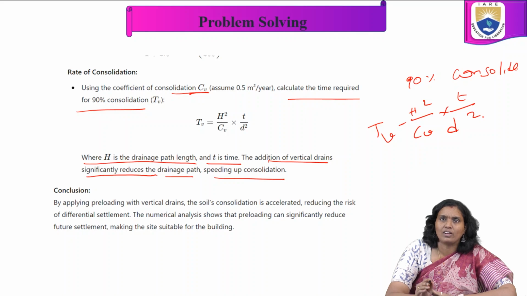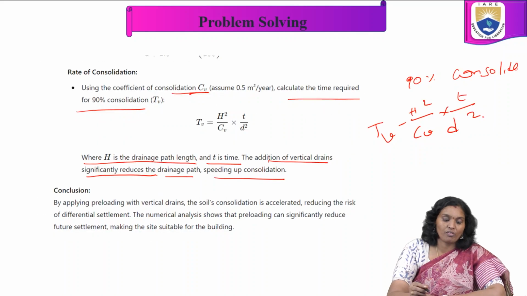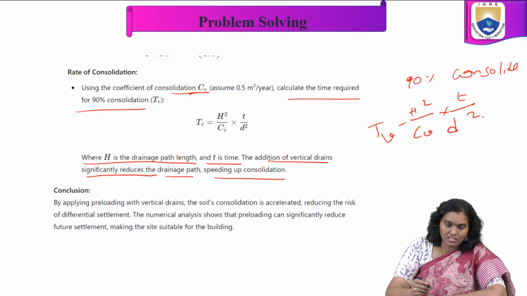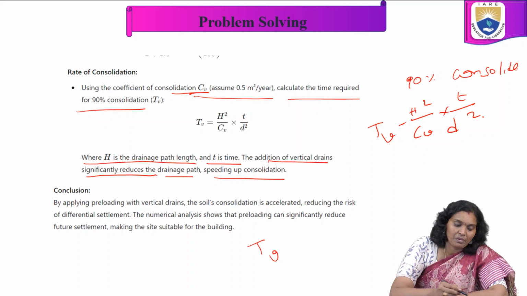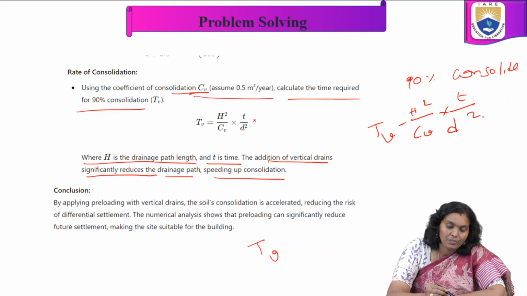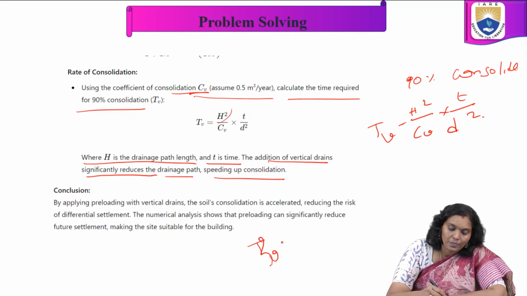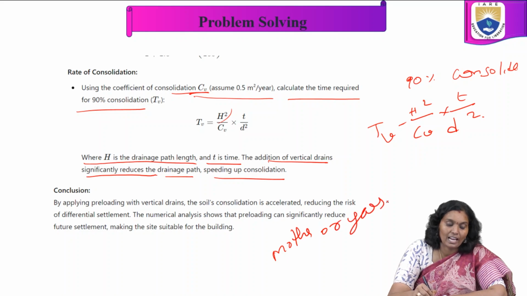So we calculate how much time is required for this scenario, assuming 90% consolidation and H as the drainage path. After the calculations, we will know how much time is required, in months or in years.